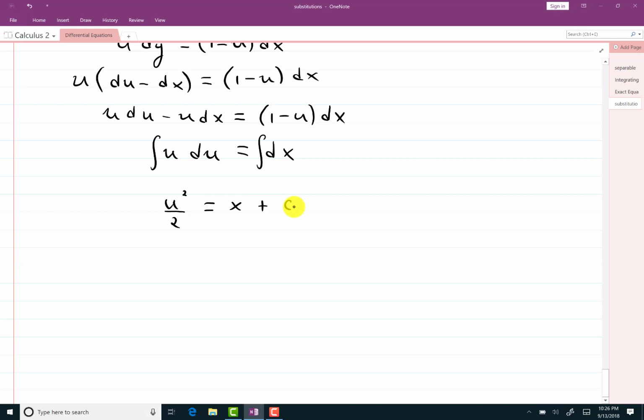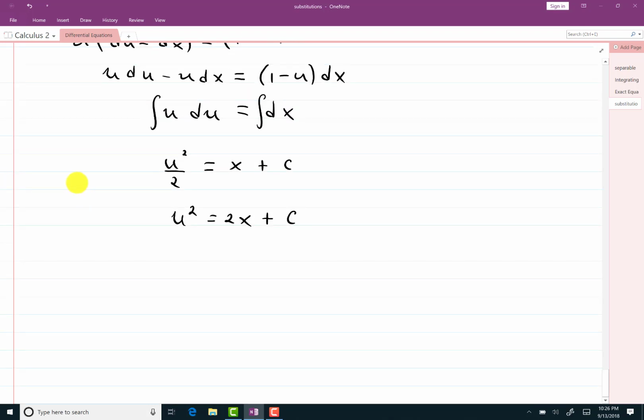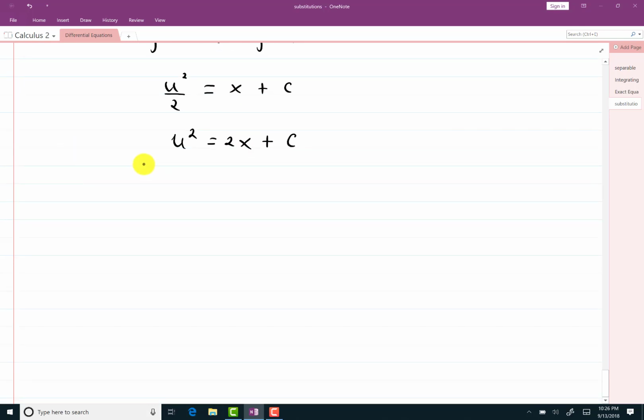And it might be a little easier if you multiply through by 2 and you get u squared equals 2x plus a constant. And then now I'm ready to replace u with x plus y. And that finishes off the problem.